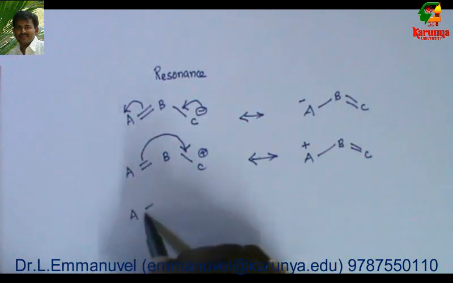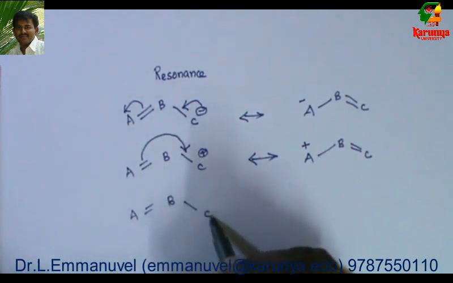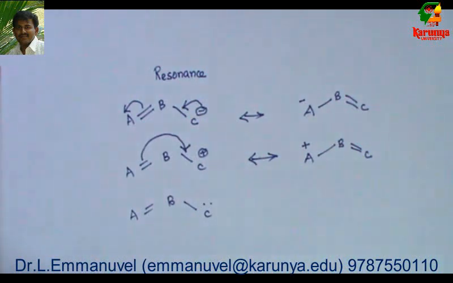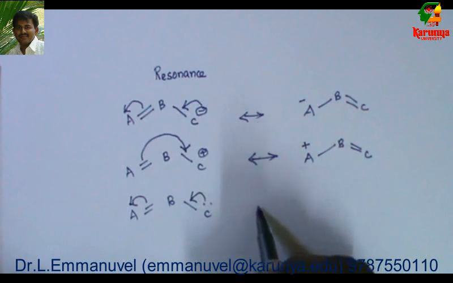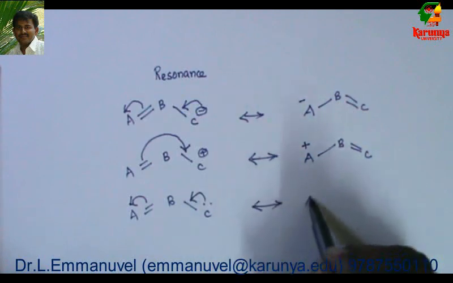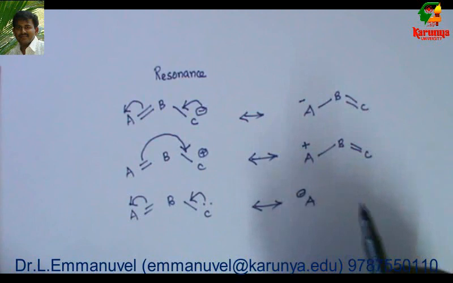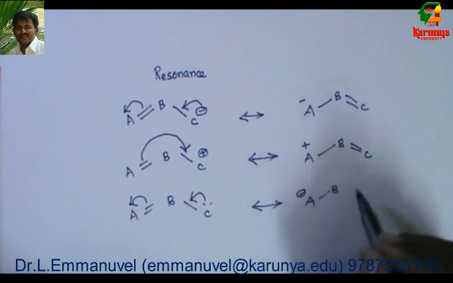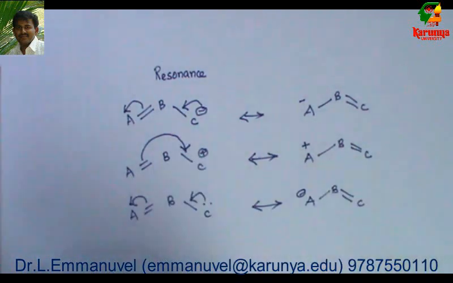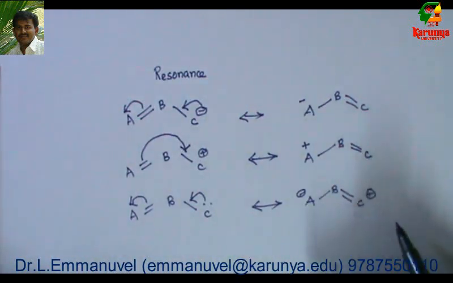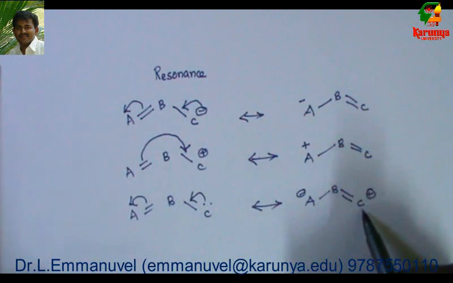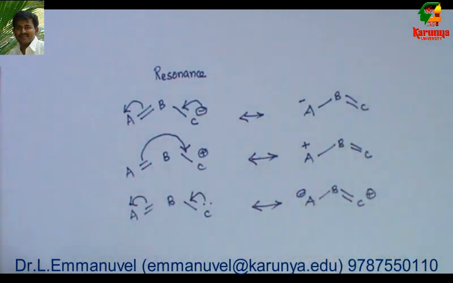Another option, even if there is a lone pair of electrons, then also it is possible. The lone pair of electrons may fall like this, and what we get is not another lone pair, it is a minus charge. Since this atom has lost its lone pair, this will become plus. This plus charge refers that this atom has lost its lone pair of electrons.